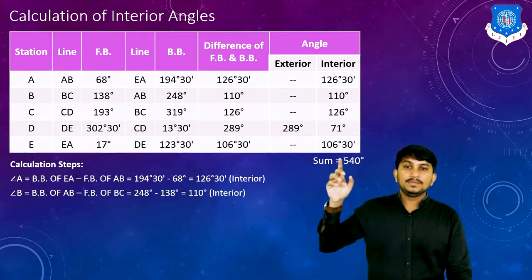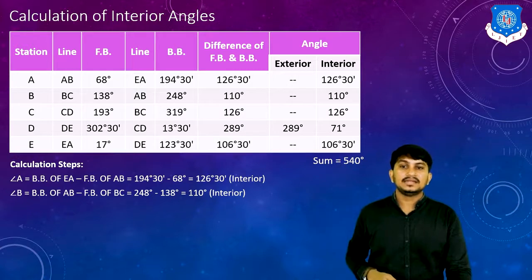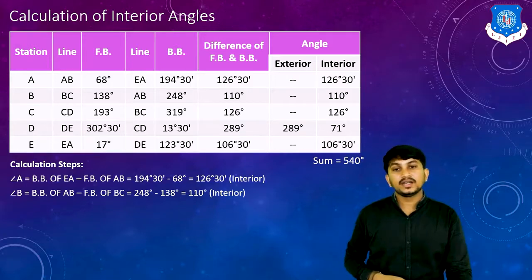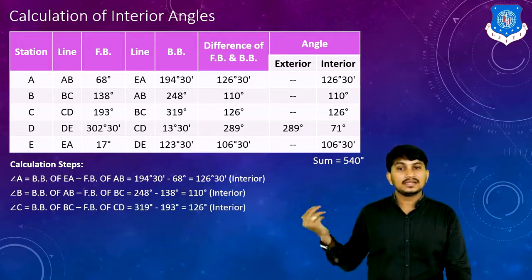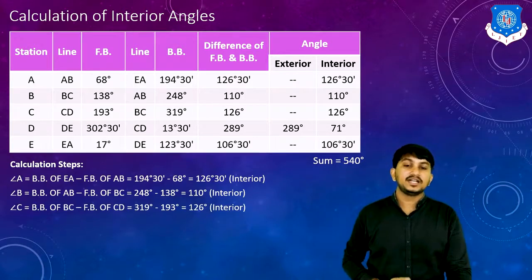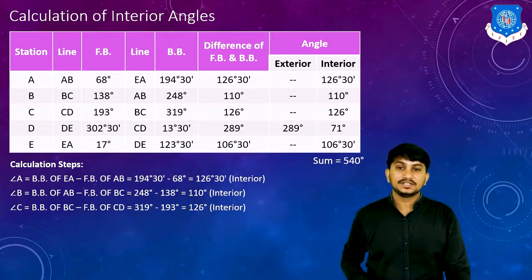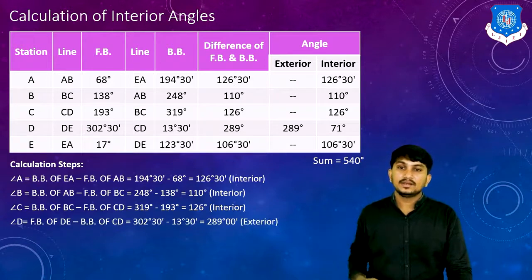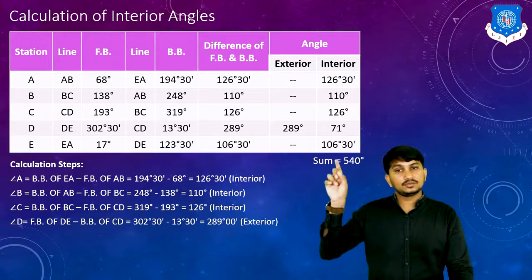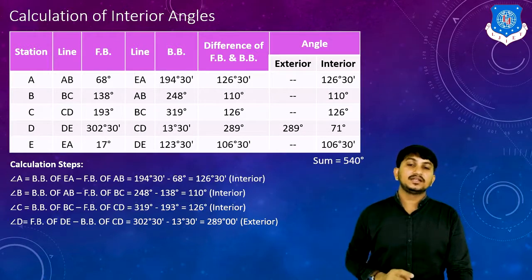Angle B, BB of AB minus FB of BC, 248 degree minus 138 degree, 110 degree, which is less than 180 degree, meaning interior angle. Angle C, BB of BC minus FB of CD, 319 degree minus 193 degree, 126 degree, which is interior. Angle D, here FB of DE minus BB of CD, 302 degree 30 minutes minus 13 degree 30 minutes.